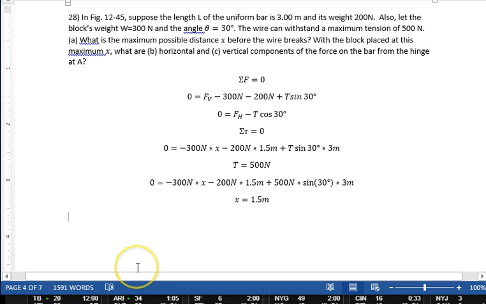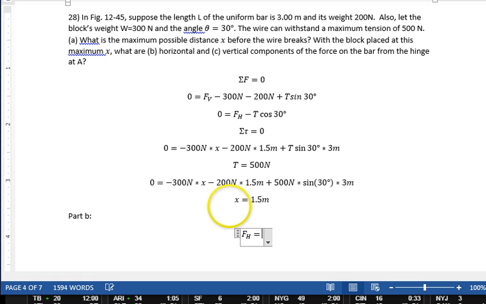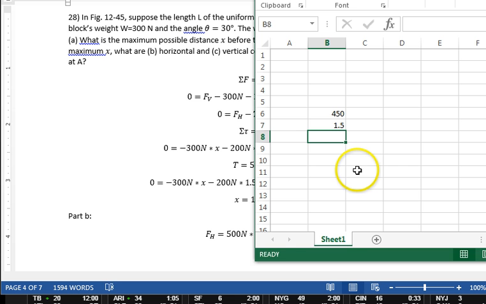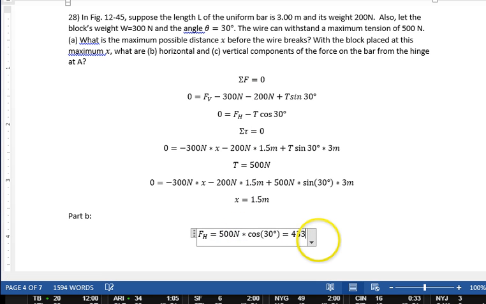All right, that's part A. Part B is the horizontal force, which is just the 500 newtons times cosine of 30 degrees, right? It's 500 times cosine of 30, 433 newtons.